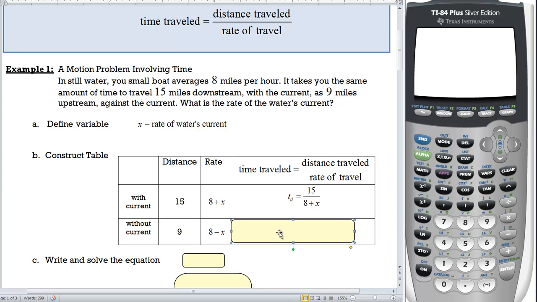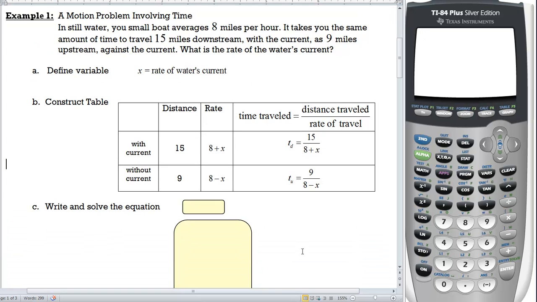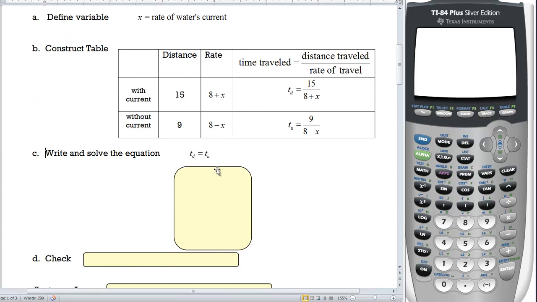And in this one, going upstream without the current, I'd have 9 over 8 minus x. Now remember, it says it takes you the same amount of time, so these two times would be the same. So solving the equation would mean I would set these two equal to one another. So substituting in, here's my time going downstream, time coming upstream.